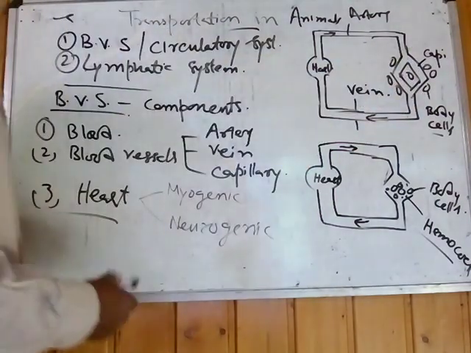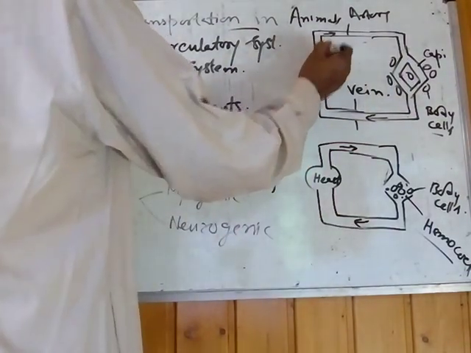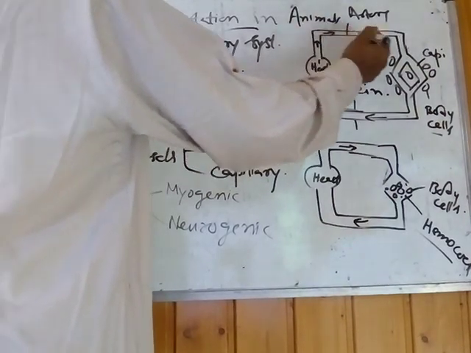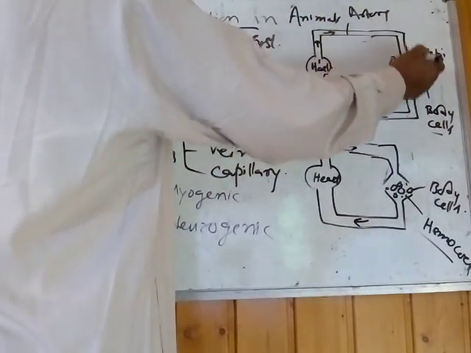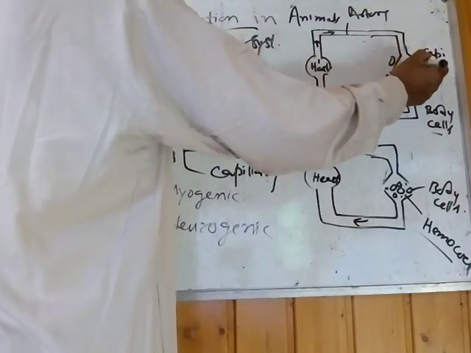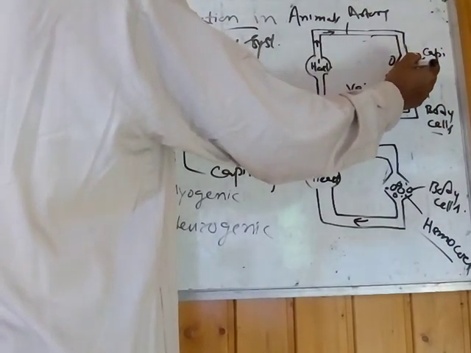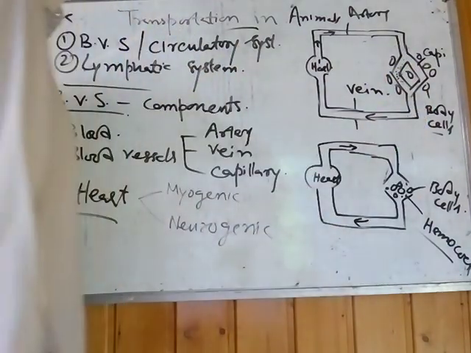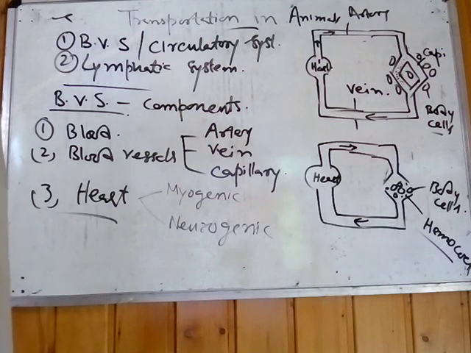system. यहाँ पर देखिए हार्ट है, हार्ट से ब्लड को पंप किया गया है और थ्रू artery it has reached to the body cells, and at the body cells there are another narrow tube-like structures which are known as capillaries.